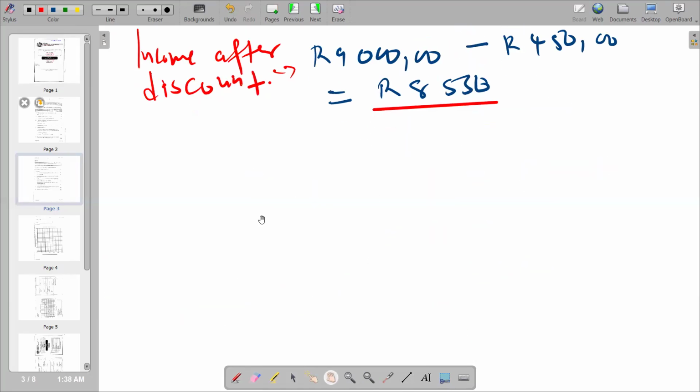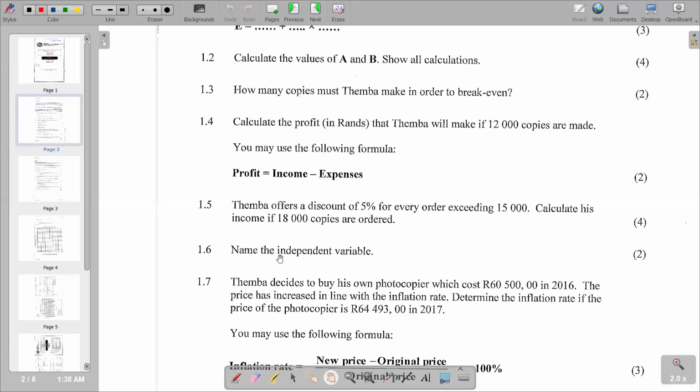And then we move on to the next part of our question, which is now saying name the independent variable. So basically we need to understand what exactly is an independent variable, so that we can be able to identify the independent variable that we have. So obviously, independent variable is a variable that stands alone and is not changed by other variables you are trying to measure.